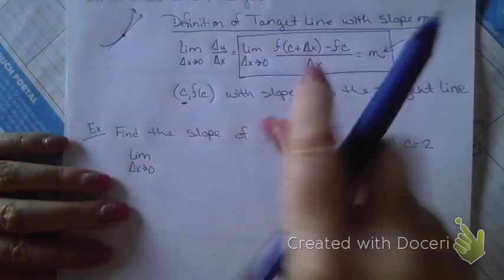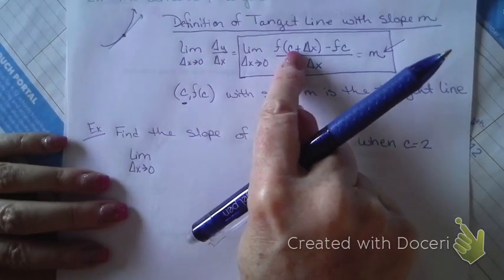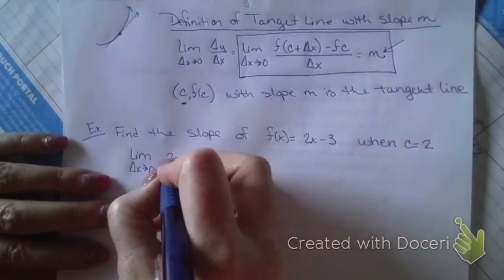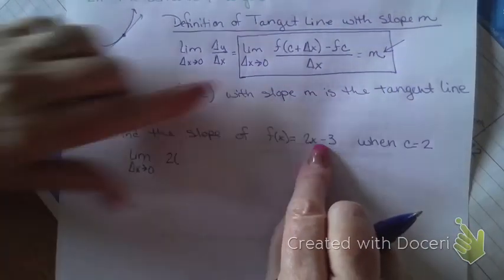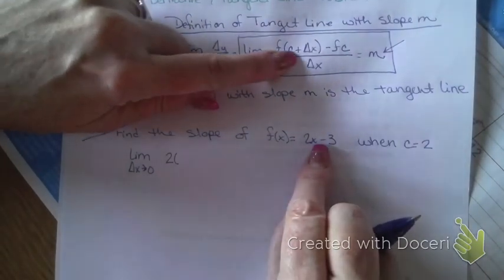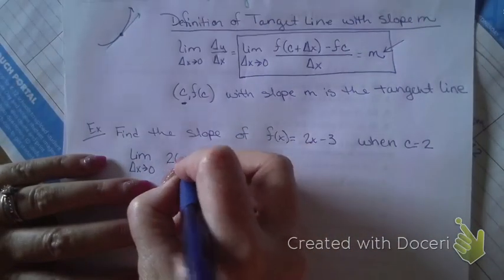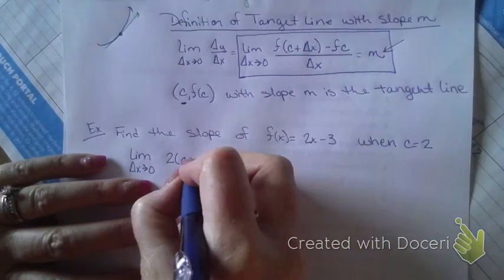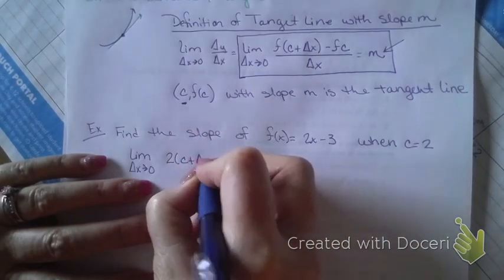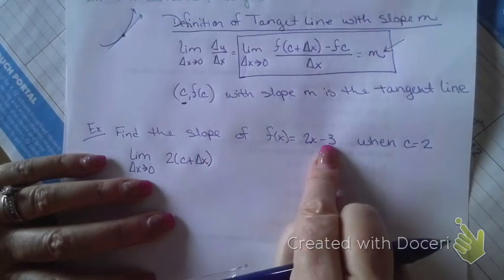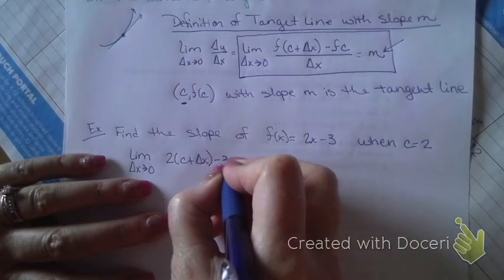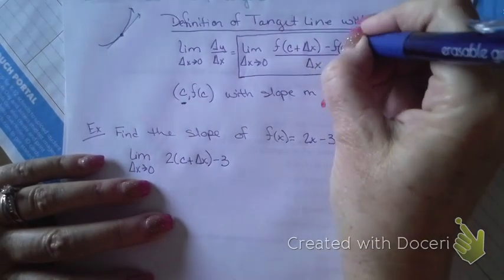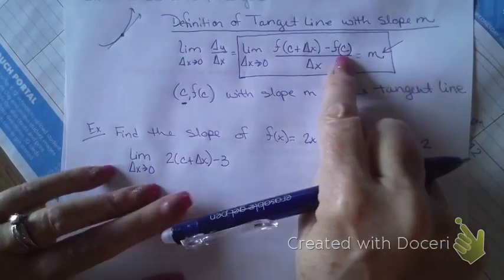Okay? So it says f of c plus the change of x. So that's going to be 2 times, what's our new x? c plus change of x. So I have the 2, but the x is c plus change of x, minus 3. And then the formula says minus f of c. I forgot parentheses, I said f of c and didn't put my parentheses.